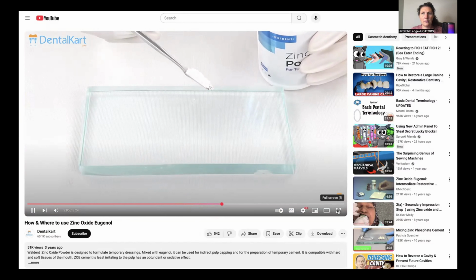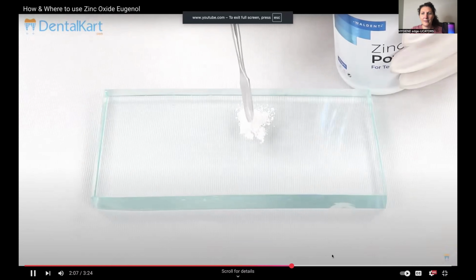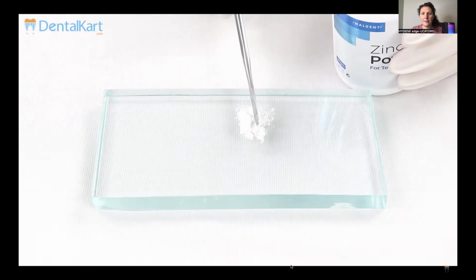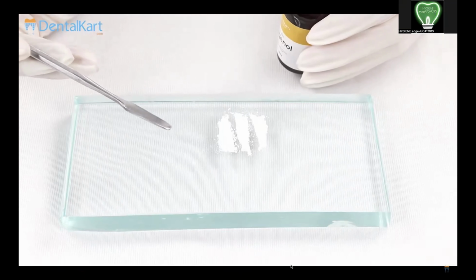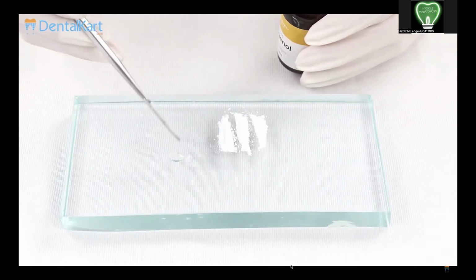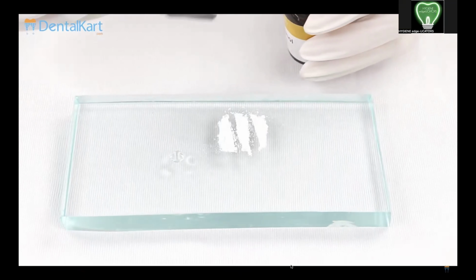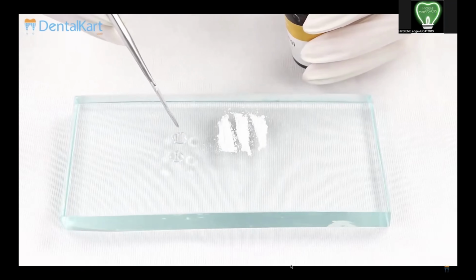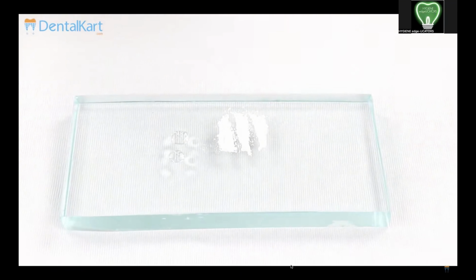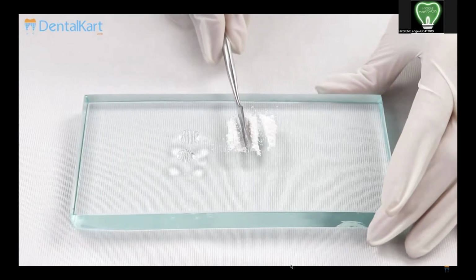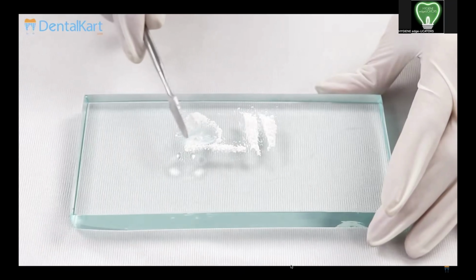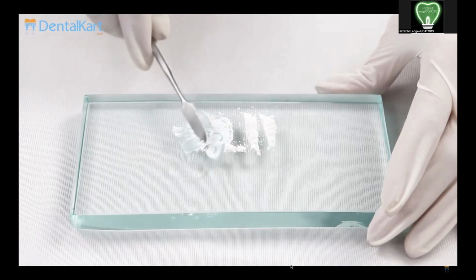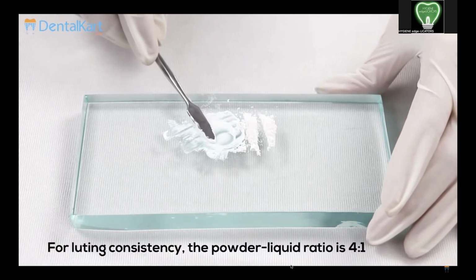Zinc oxide powder on a cool glass slab and make increments. Now take an appropriate quantity of Walden pure eugenol. Incorporate a large quantity of zinc oxide powder into the eugenol and mix in a circular motion. This creamy smooth consistency is luting consistency.